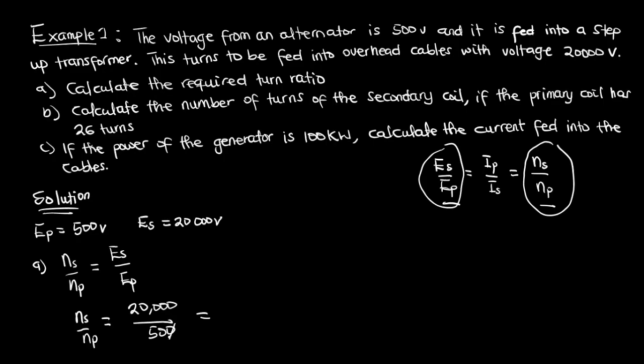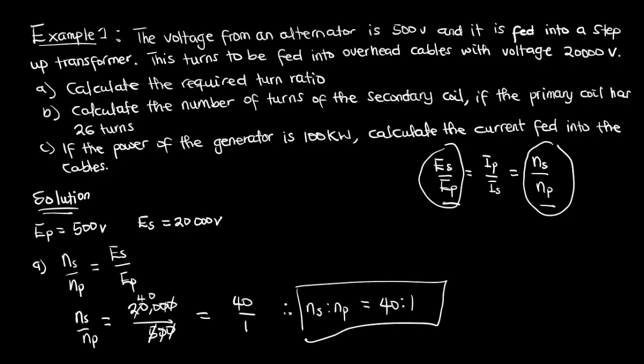If we look at that, these two zeros will cancel, and 5 will go into 20 four times, with the 0 left over, so it becomes 40. So we have 40 is to 1. Therefore, our turn ratio, the number of turns in the secondary to the number of turns in the primary, is equal to 40 is to 1. So this becomes our answer.